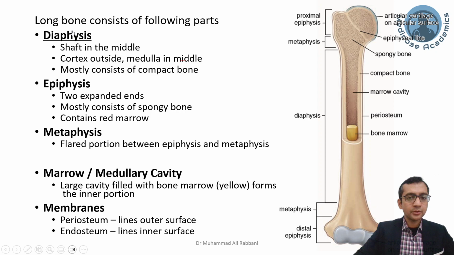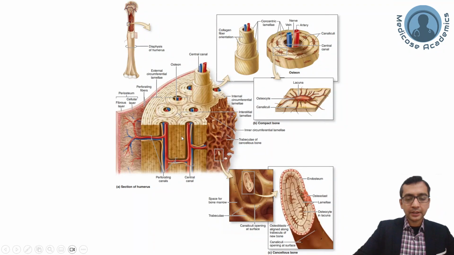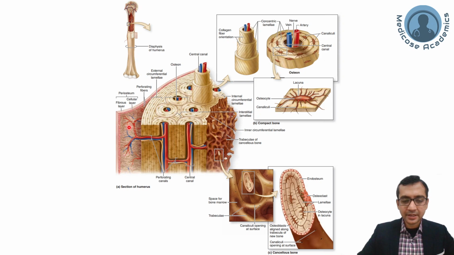For that, I will go back to that picture. If you see a bone, the outside is lined by a fibrous tissue that is known as periosteum. It is a combination of connective tissue, and there are blood vessels running in it. On the outside there is majorly a fibrous layer.